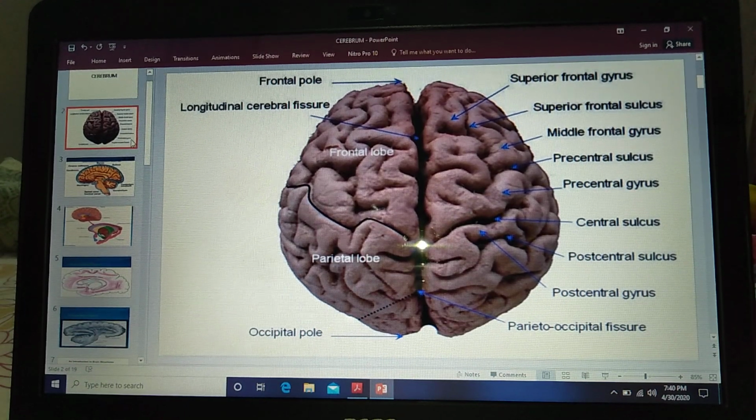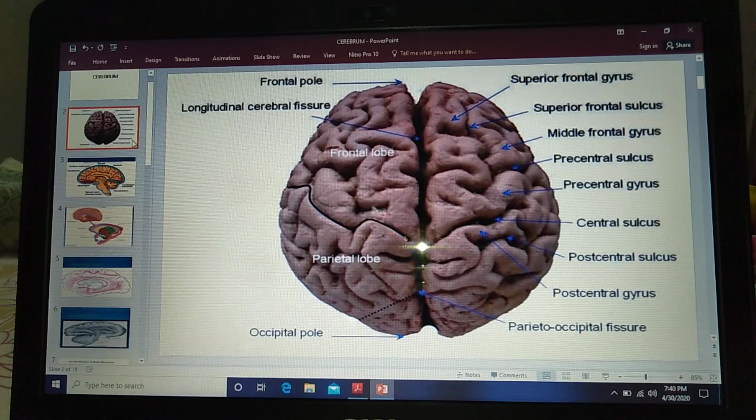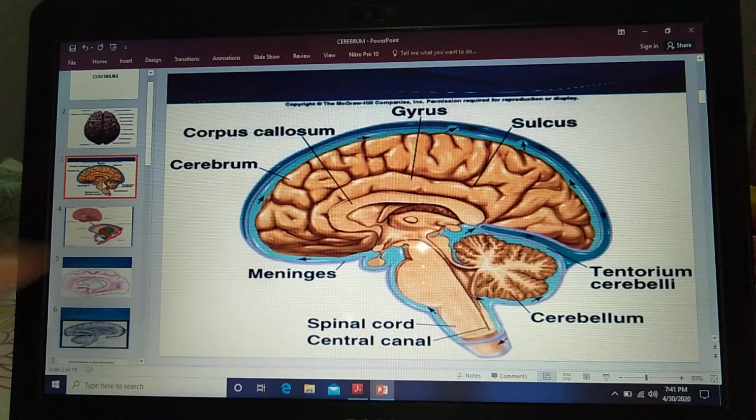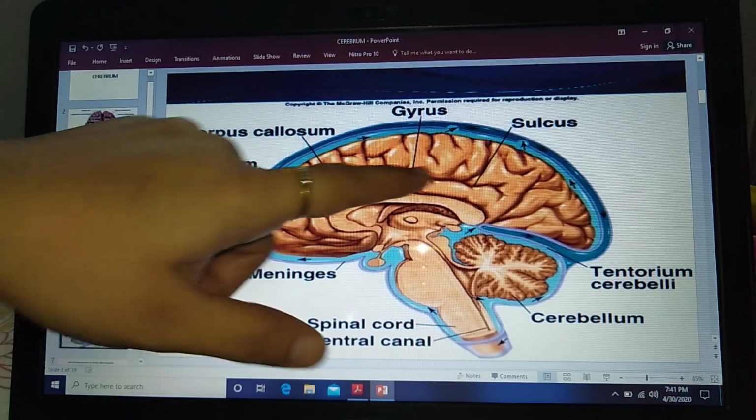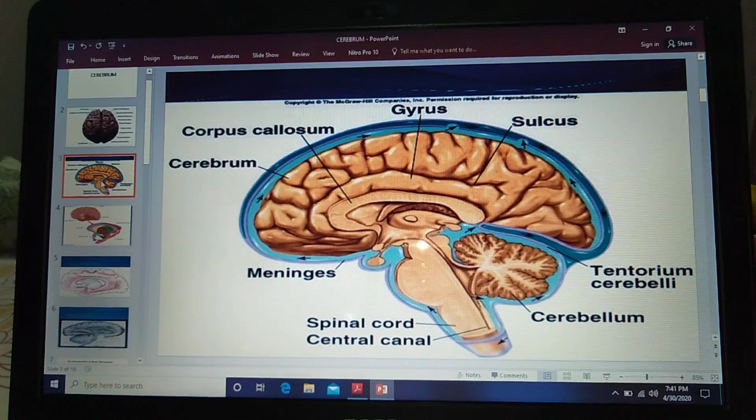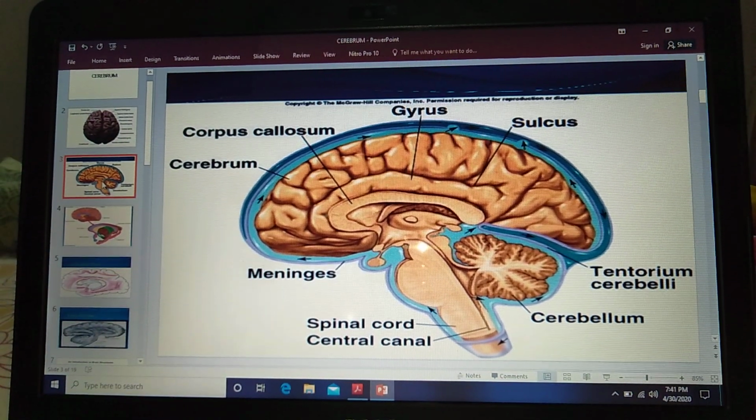The two hemispheres are connected to each other across the median plane by the corpus callosum, right? You can see this is called the corpus callosum, and it connects both the cerebral hemispheres, right? We'll see one more diagram to identify it more clearly.